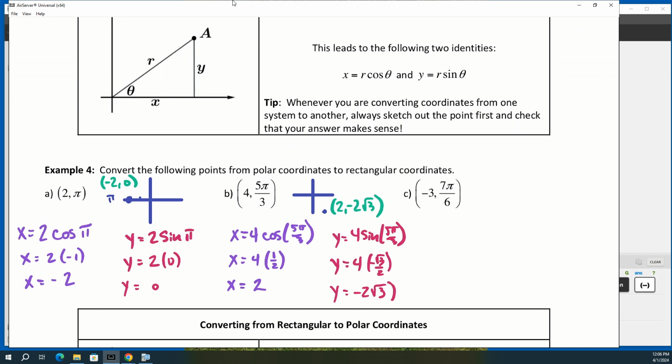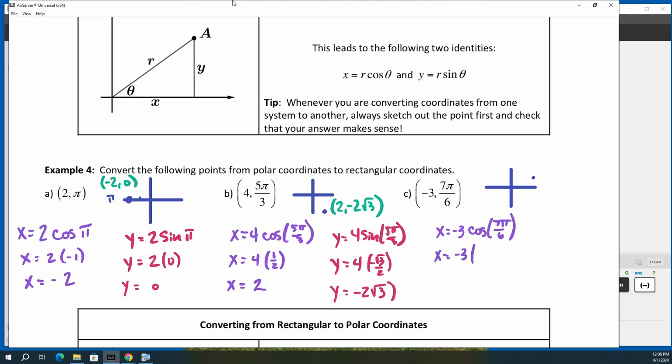Okay, and then for C, this one's a little more difficult to do the graph. All right, so this time we're going to go -3 and rotate 7 pi over 6, which should lead us about right there. All right, so x is going to be -3 times the cosine of 7 pi over 6.